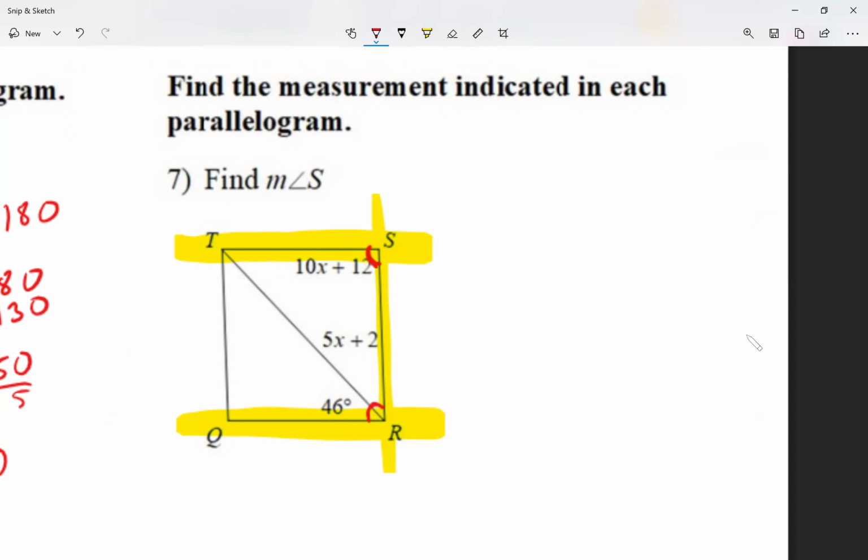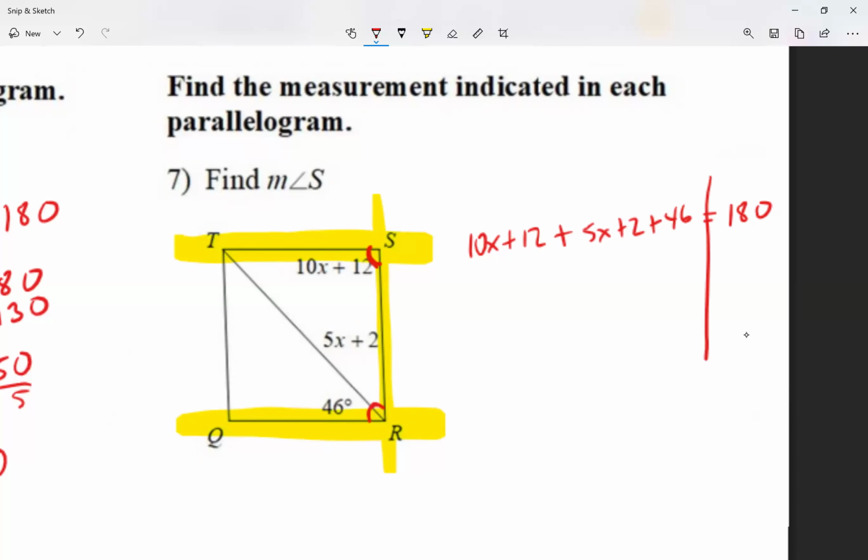I add those two angles, so I'm basically adding everything: 10x plus 12 plus 5x plus 2 plus 46. It's going to equal 180. Like I said, it doesn't say for me to solve for x, but I'm going to solve for x to be able to answer the question.